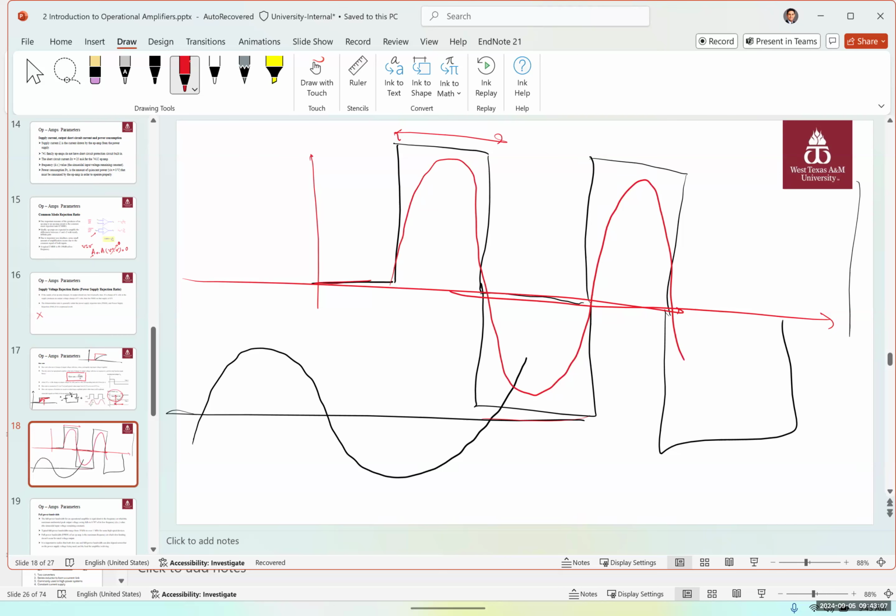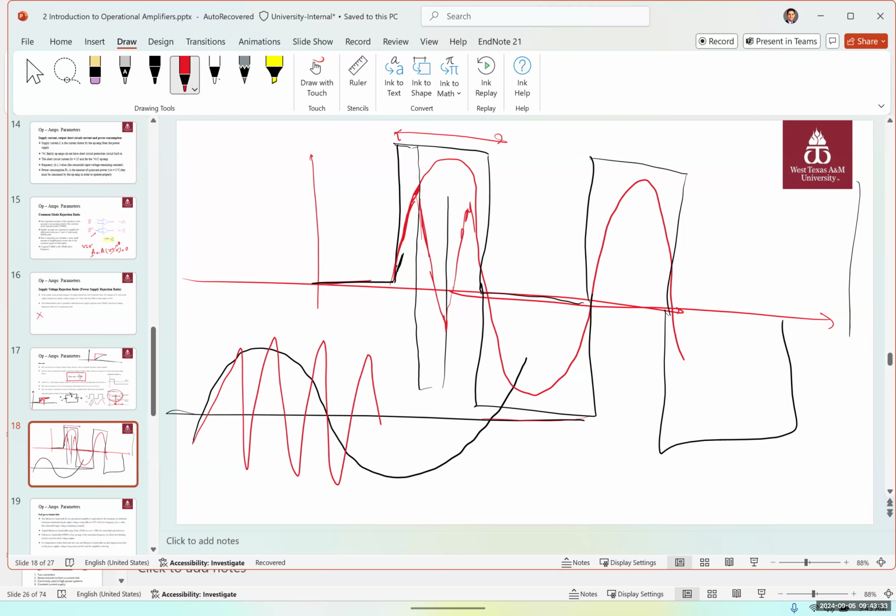What happens if the timing is too short, meaning instead of having that pulse, I have a very small pulse? Now, the signal cannot follow that pulse. So it's going to be cut off at this point. Suddenly, you're going to come back, and then suddenly you're going to go back. So instead of having a sinusoid, you're going to have something which looks like this. So you're going to have a distorted signal.